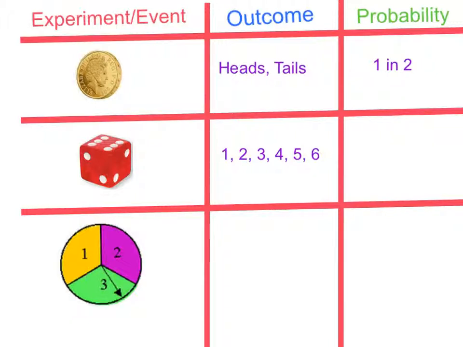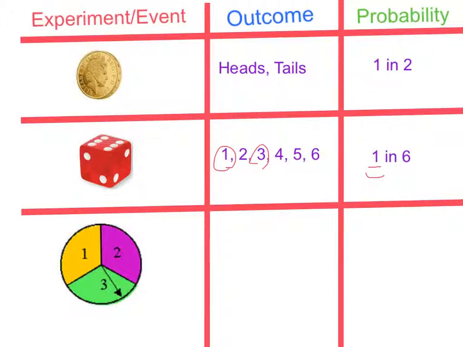The probability of getting any of those numbers when I roll my dice once is 1 out of 6. There's a possibility that I could get a 1, or one possibility that I could get a 3, out of a total of 6 numbers.